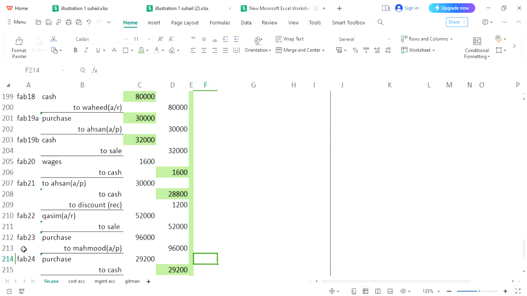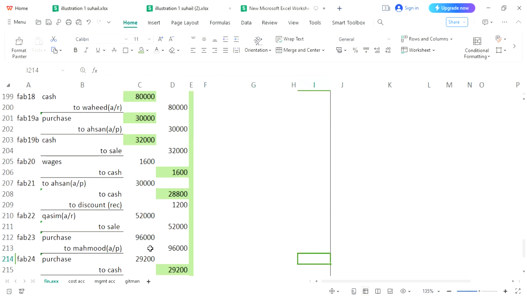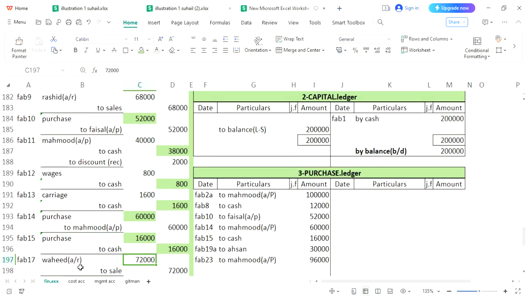What is its date? February 23rd. Write down the date. So date is completed, reference completed, amount has been posted 96,000. So the purpose of this 96,000 is completed as it has been posted in the ledger. Mark it as done. After this, we have found purchase again. In the very next entry, 29,200 is debited.